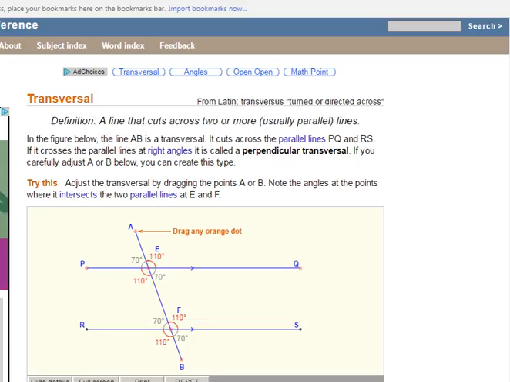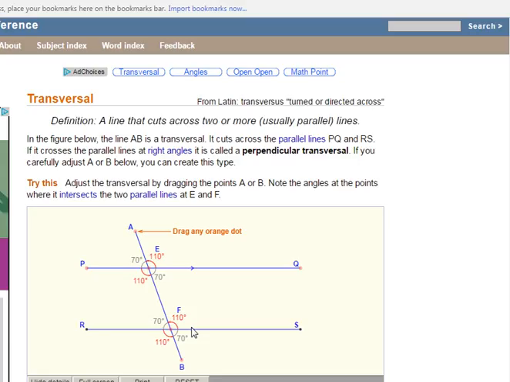And here we are looking at a picture of two parallel lines, which is indicated by the two arrows that these two parallel lines have. It's the same symbol, that means they're parallel. And there's a transversal going through those two lines. And as you can see, that creates a whole bunch of angles.